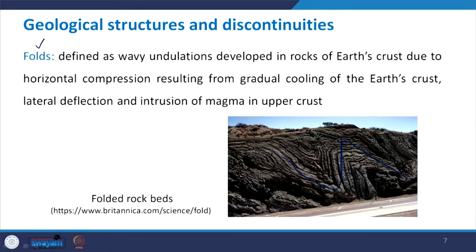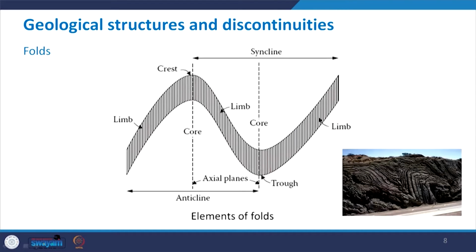Now, what are various features of this? Let us try to understand with the help of this figure. So, you see that this figure shows us the elements of folds, and you can compare this figure with this picture, and then you will be able to visualize what we mean by anticline and syncline here.